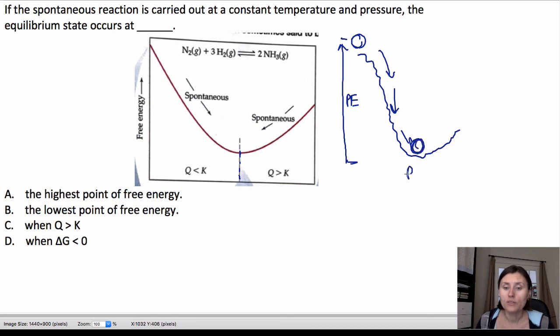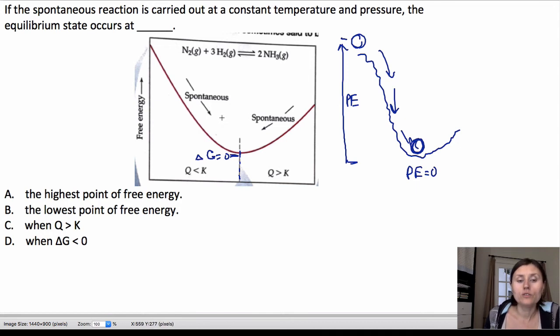And basically your potential energy here is 0. The same thing with the free energy, also called the Gibbs free energy. So the G will be 0 at this point. Okay, so now that we know this, let's check out our answers here.